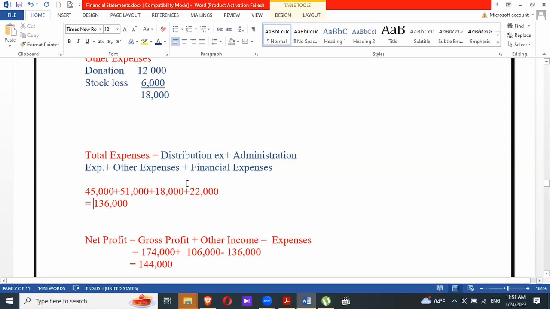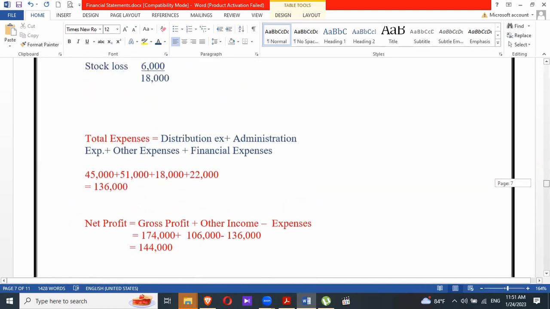Net profit equals gross profit plus other income minus expenses. So gross profit is 174, other income 106. You have to add that and deduct total expenses, that is 136. Answer for the net profit is 144,000, right?